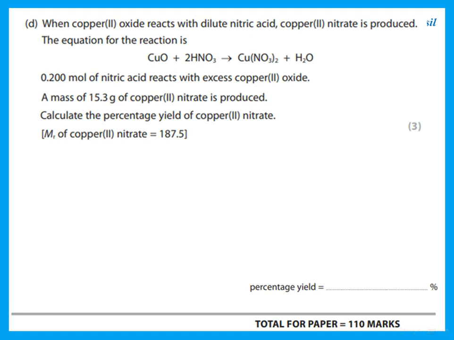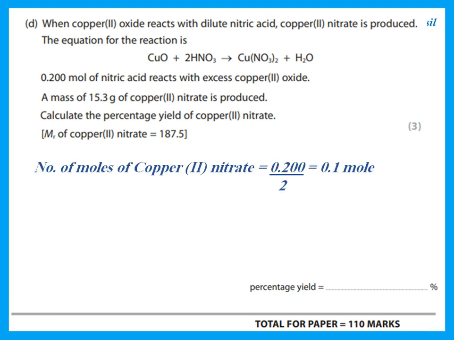So he's starting with 0.2 mole of nitric acid. Well, he's asking about what? Copper nitrate. That means that from the equation relating nitric acid to copper nitrate, the number of moles of copper nitrate is half the number of moles of nitric acid. Then he's asking for mass.